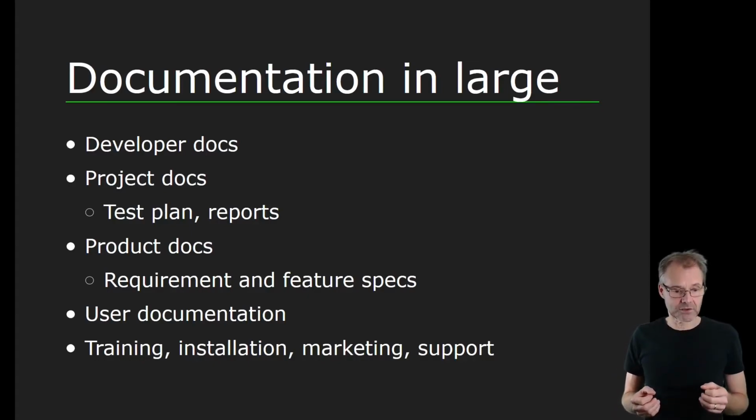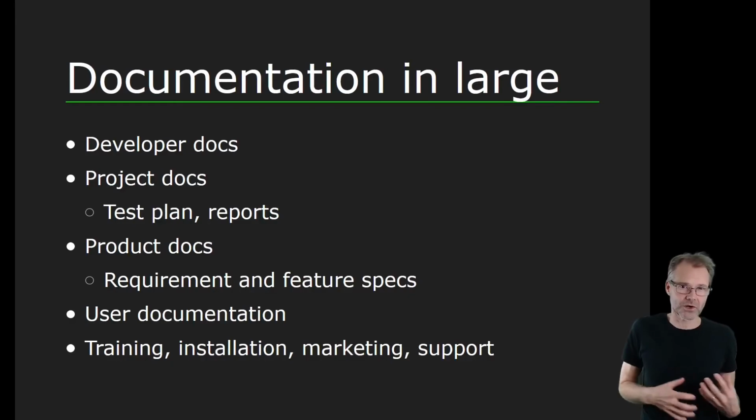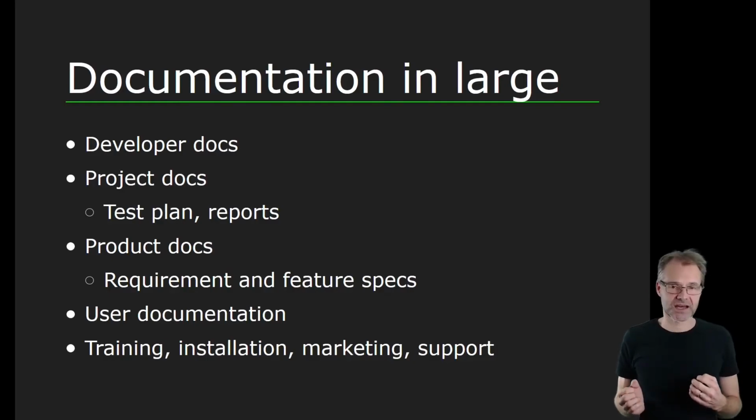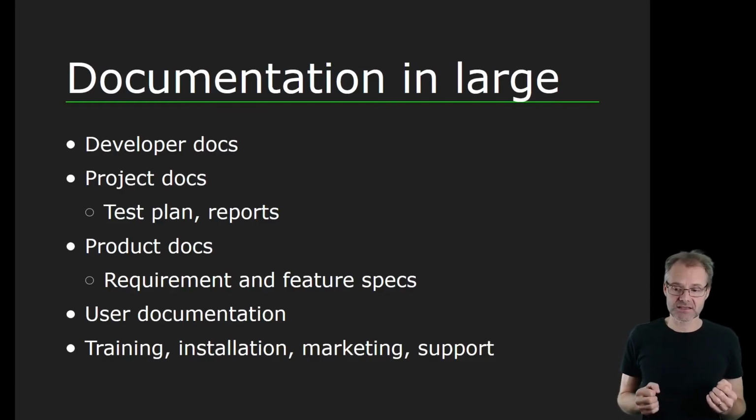In the project docs, we could have a test plan or different types of reports. We could have product documentation like requirement specifications, feature specifications. We could have documentation aimed at the user.